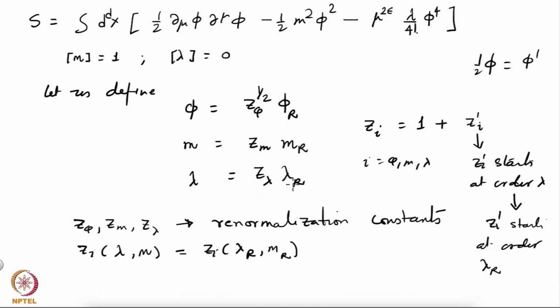So all these renormalization constants are actually functions of lambda r and mr, the way I have defined all this.